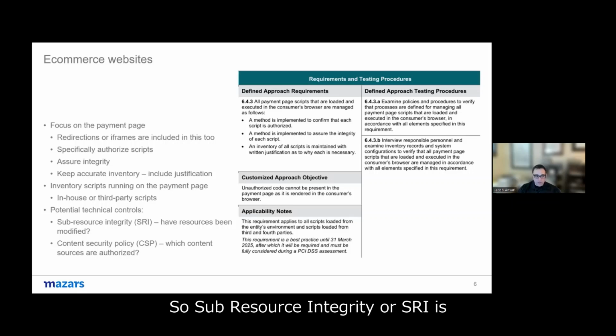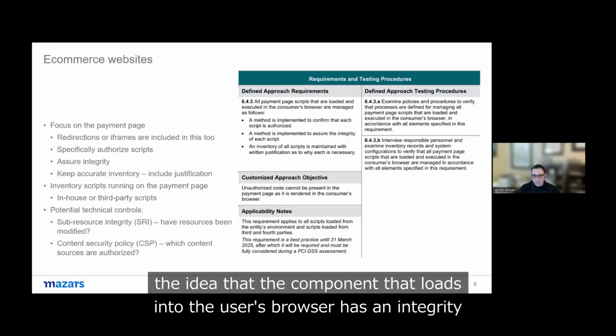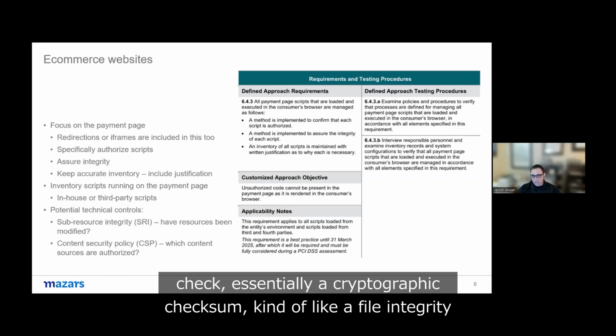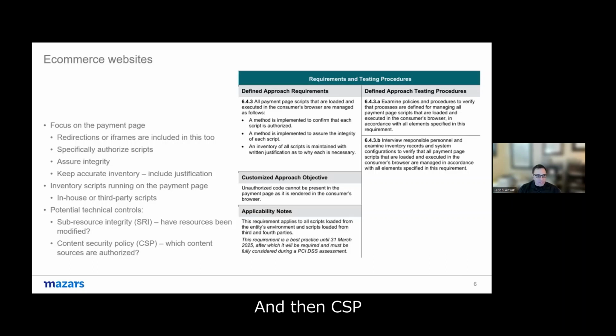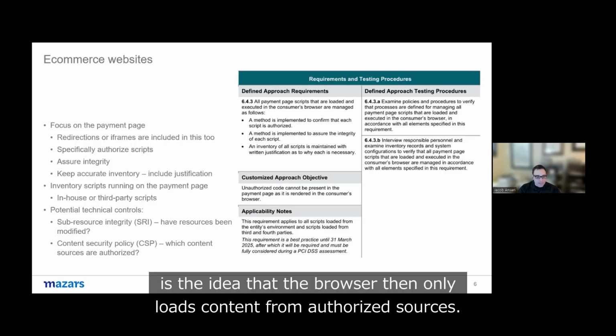So sub-resource integrity, or SRI, is the idea that the component that loads into the user's browser has an integrity check, essentially a cryptographic checksum, kind of like a file integrity monitoring tool, but obviously not for a file, but for a piece of web content. And then CSP is the idea that the browser then only loads content from authorized sources.